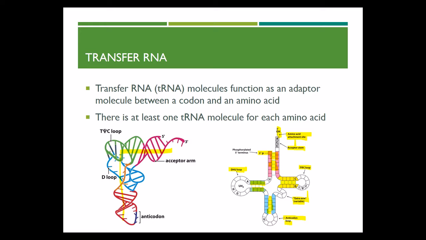And through these stacking interactions and hydrogen bonding interactions, we get a stabilized structure. Looking at that three-dimensional structure, we can see that virtually all of the bases are buried in the interior of the transfer RNA, except for the anticodon region.